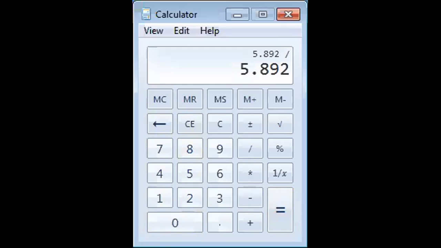I cannot find the brackets. 8.149 minus 0.649. This is something like 7.5.